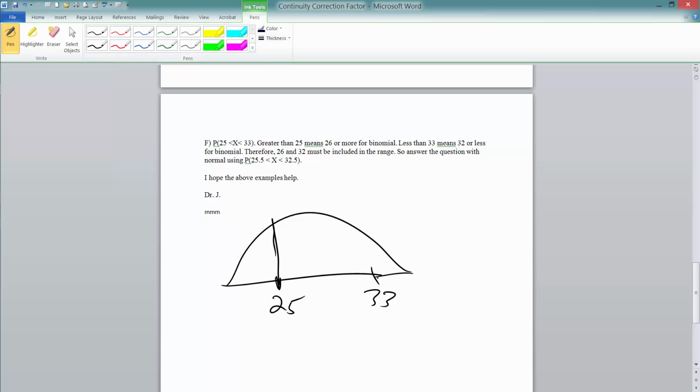Greater than 25 really means 26 or more.